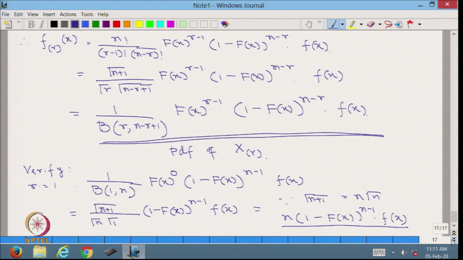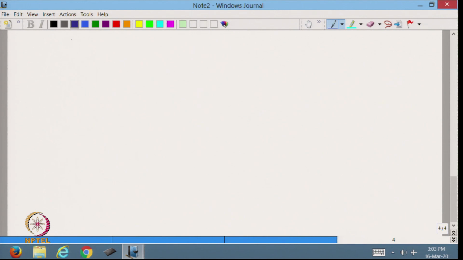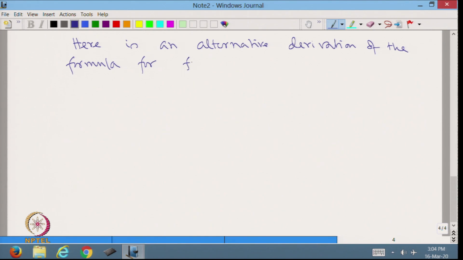Now, some of you may find the formula to be complicated. So, here is an alternative derivation of the formula for f_r(x). So, we have the observations on the real line, and suppose this is the point x and we are looking at f_r(x).